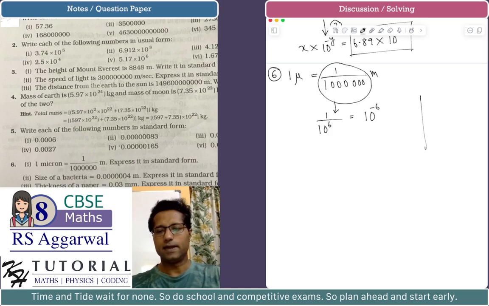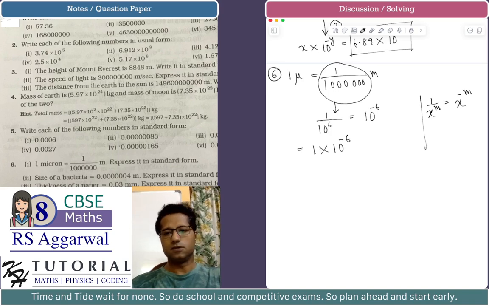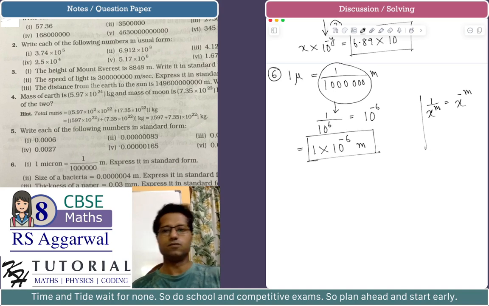Because we know that 1 by x to the power n is equal to x to the power minus n. So 1 by 10 to the power 6 is equal to 10 to the power minus 6. So the number given is 1 multiplied by 10 to the power minus 6, which is in standard form, meter. So 1 micron is equal to 1 multiplied by 10 to the power minus 6 meter in standard form.